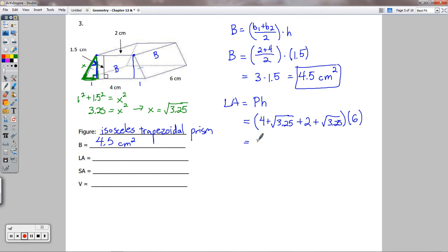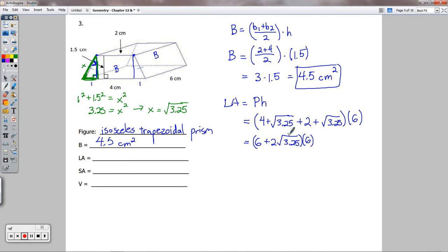And so from there, if we simplify this, we've got 6 plus 2 times the square root of 3.25 times 6. Really, I don't have to write that step out. We're going to be rounding this one to the nearest tenth here. I could get this in an exact form, but I'm just going to approximate this.